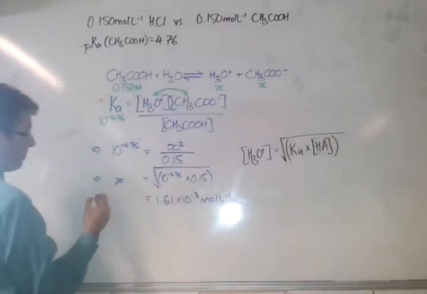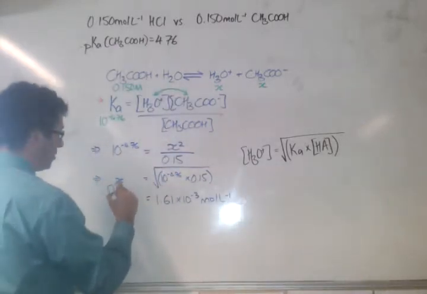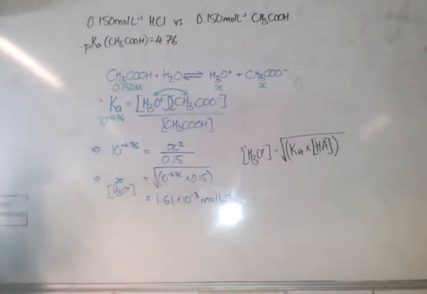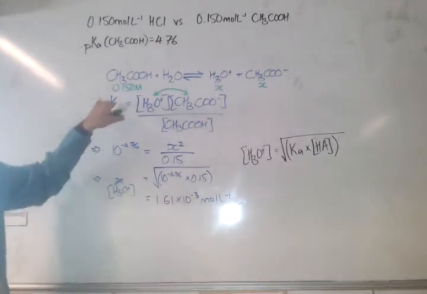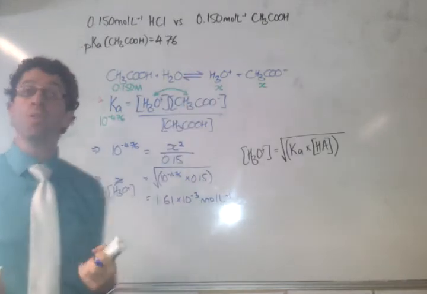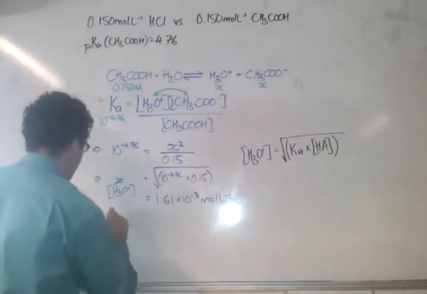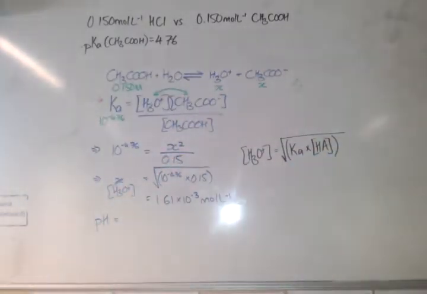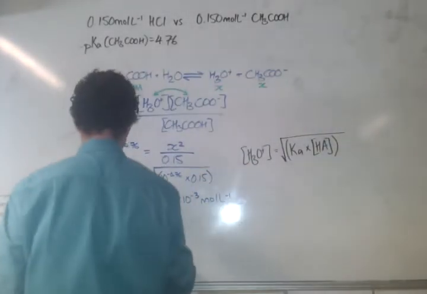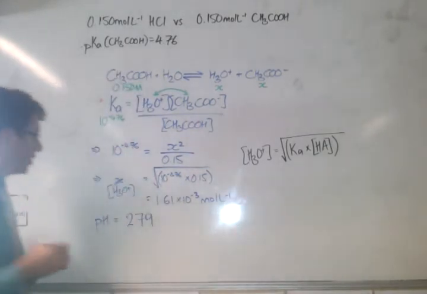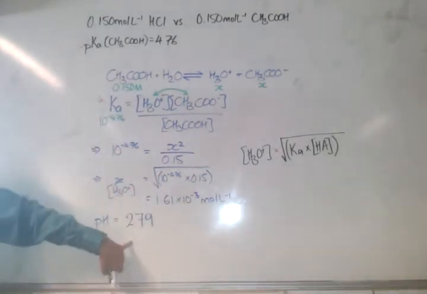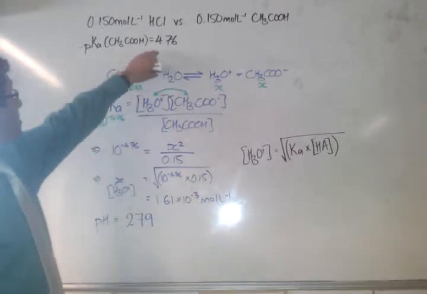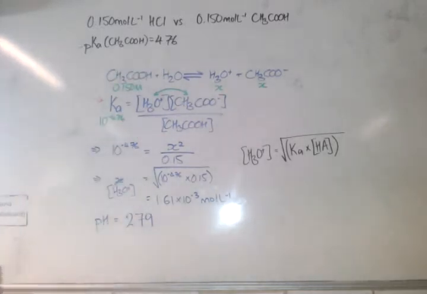And now I'm actually going to cross out my x and make it say what I want it to. Hydronium ion concentration. Now I know how much of this is made, I can work out pH. pH equals the negative log base 10 of this. Which is 2.79. Okay? Relatively low pH for a weak acid, but that's because its pKa is relatively high.